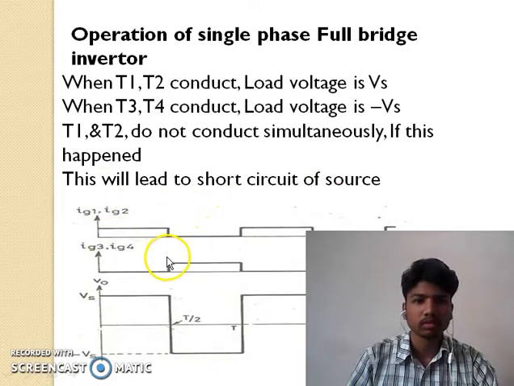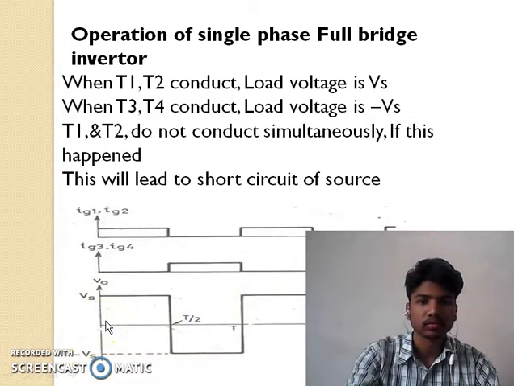So here the waveform is shown. When Ig1 and Ig2 are conducting, we get this waveform, and when Ig3 and Ig4 are conducting, we get this waveform. The output waveform is this, from minus Vs to Vs.